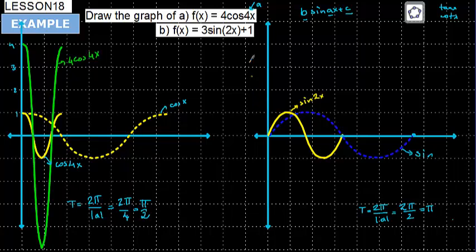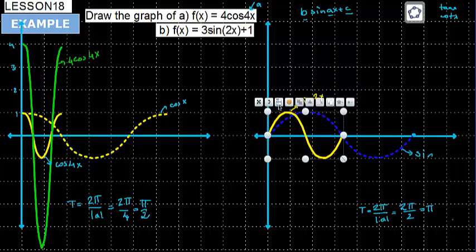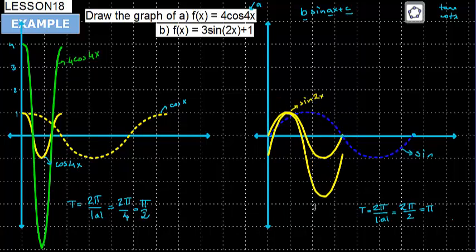So now I'm going to make this one 3 sine 2x. The same graph here, when you move 3 units up and 3 units down, like here, this one is the 3, and here it's going to be also 3.